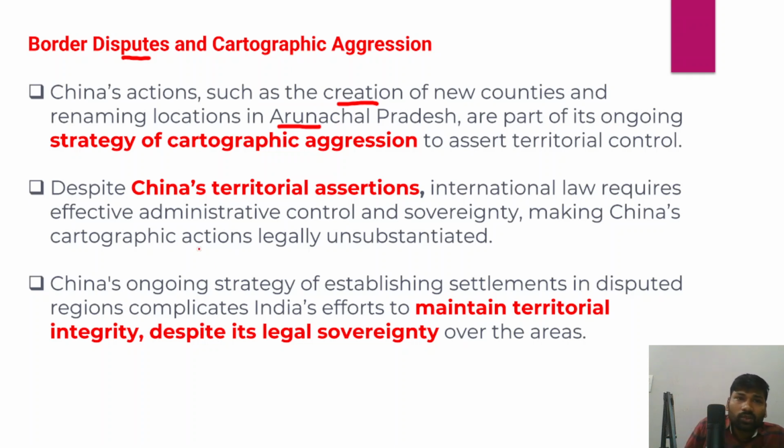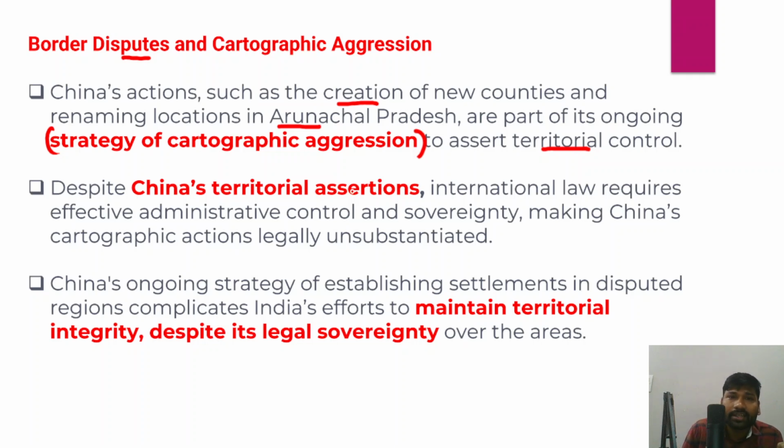In fact, China has been following the strategy of cartographic aggression to assert territorial control, particularly in Ladakh and even Arunachal Pradesh as well. This strategy of renaming some of the places in Arunachal Pradesh and Ladakh is called the strategy of cartographic aggression.